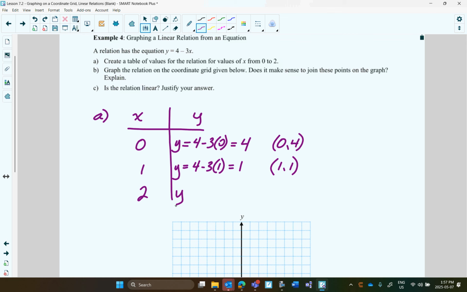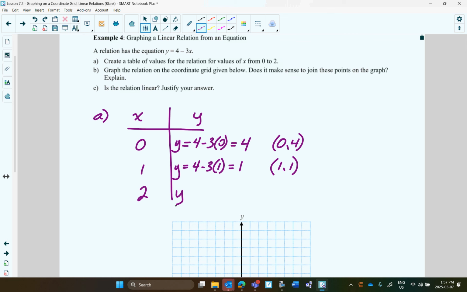I don't see how you apply the rule. Can you just explain how you got the y equals? Well, this is the equation, right? Up here. So I decided to choose 0, 1, and 2 for x. So if I plug 0 in here and calculate this side, y works out to 4.